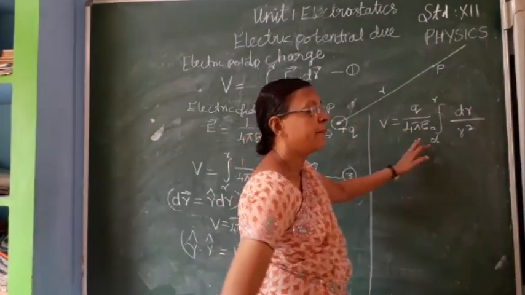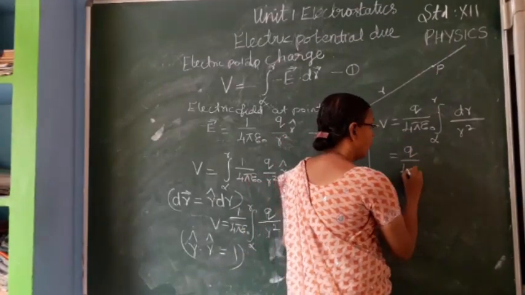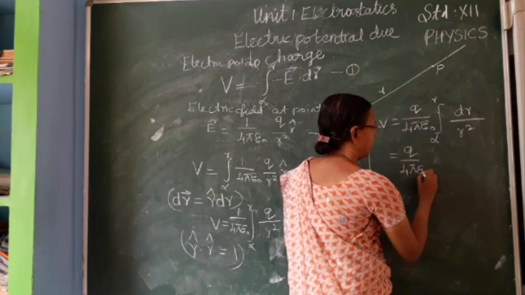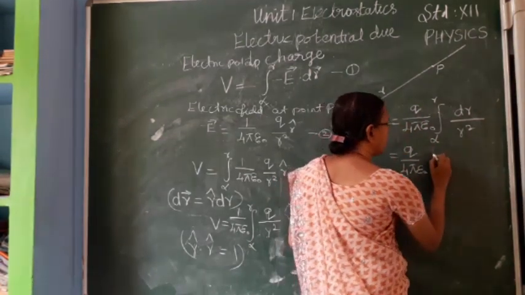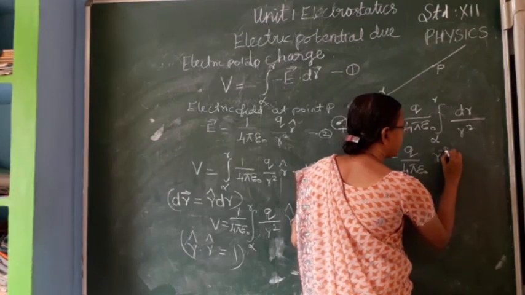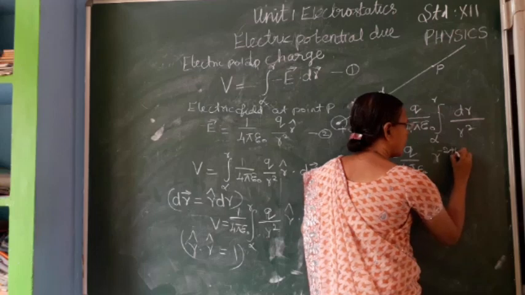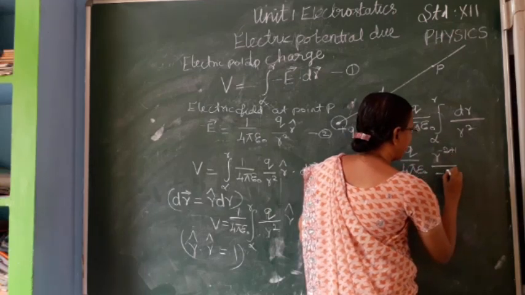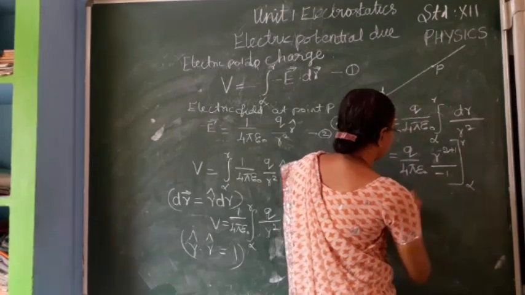So now we can integrate. How can we integrate? Q divided by 4 pi epsilon 0. This R square we can bring to the numerator, so this one will come as R power minus 2. Then integrating, power plus 1 divided by minus 1, then R infinity to R. Okay.